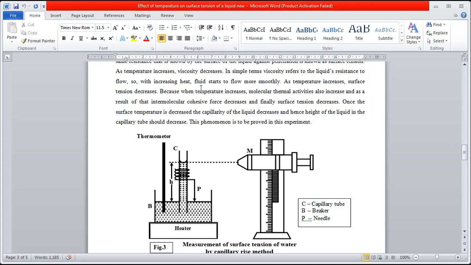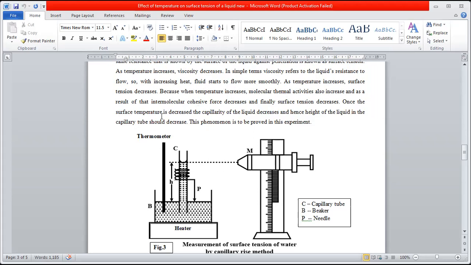So with increasing heat, fluid starts to flow more smoothly because viscosity decreases. As temperature increases, surface tension decreases. Why does surface tension decrease? Because the molecular forces, that is adhesive force and cohesive force, decrease. That is why the surface tension also decreases.